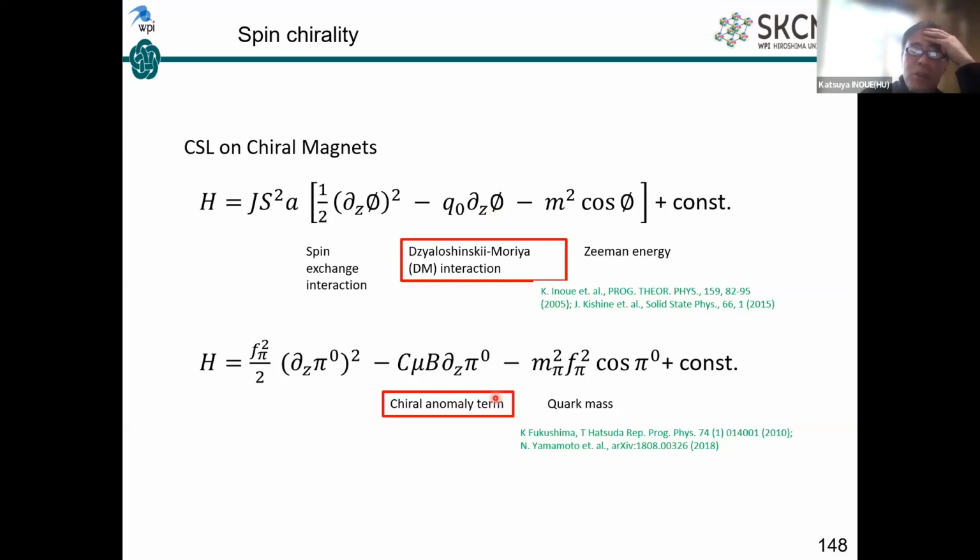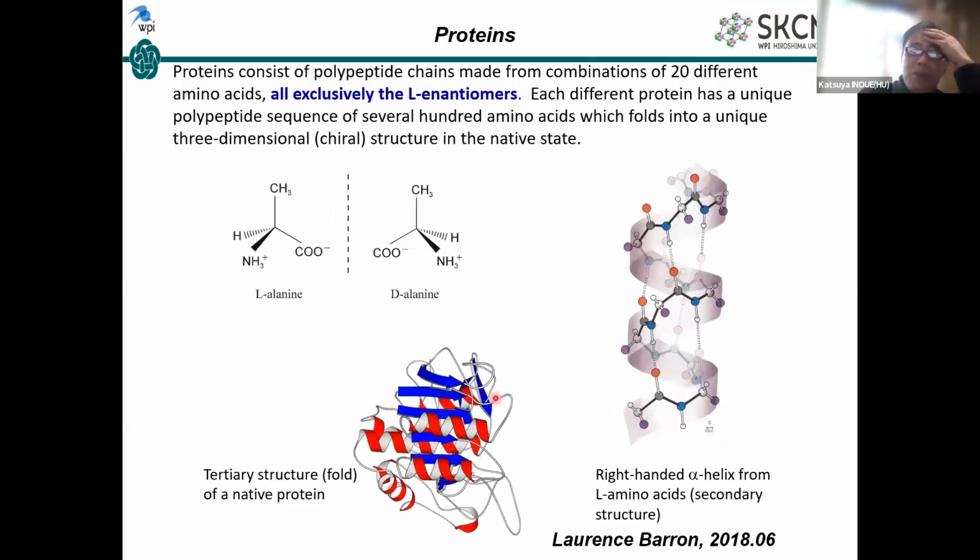Let's think further. Our proteins are made of amino acids of one side, one chirality, and their structure is made by chemical bonds, hydrogen bonds and other energies, such as dipole energy or dielectric force.